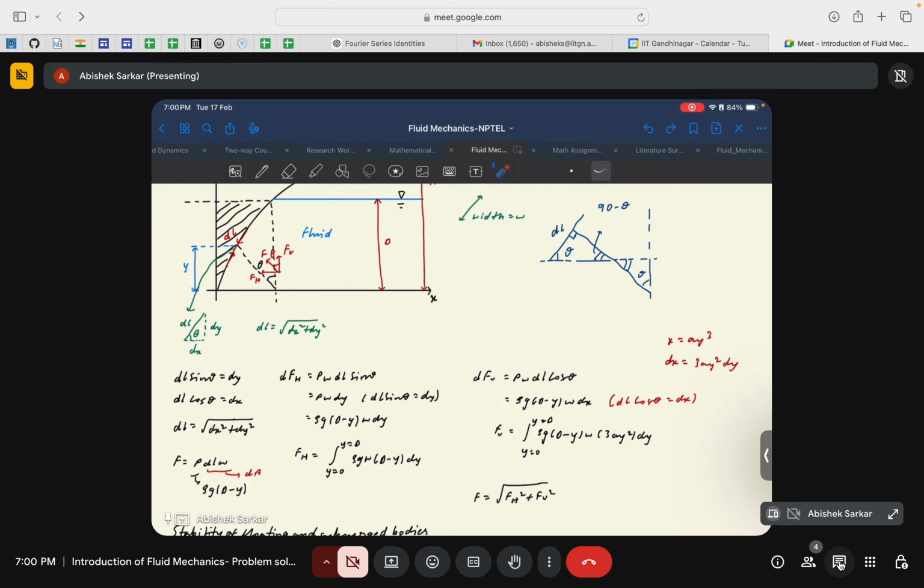Even if you are not able to reach the final answer, or your final answer is a bit incorrect, if you show these calculations the evaluators or examiners will understand that you know the concepts properly, and they will evaluate you accordingly.